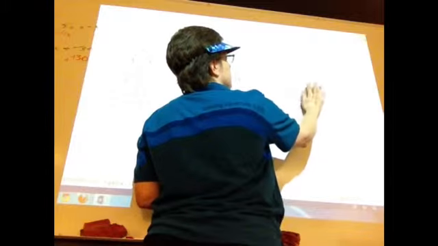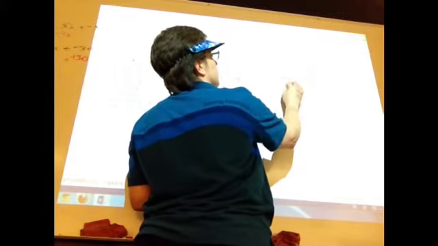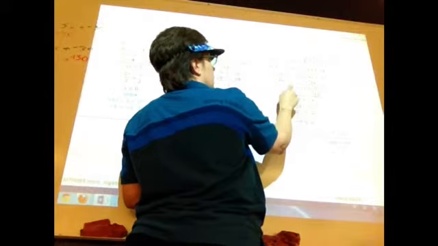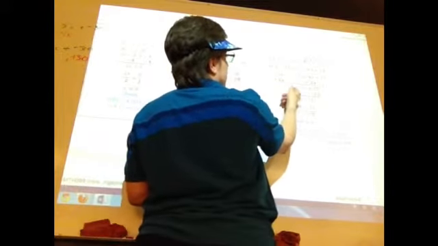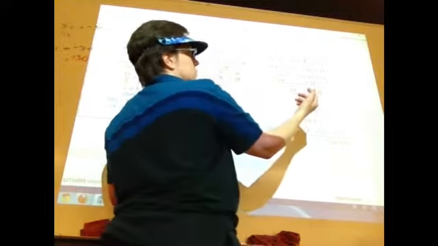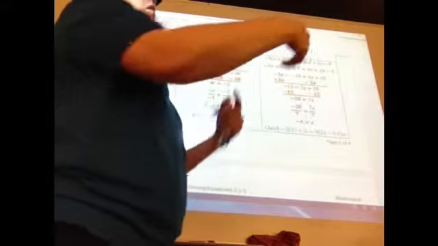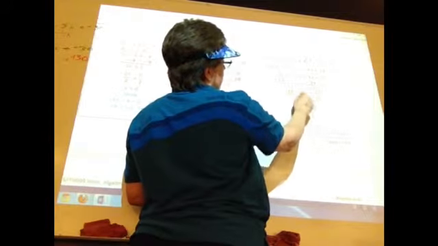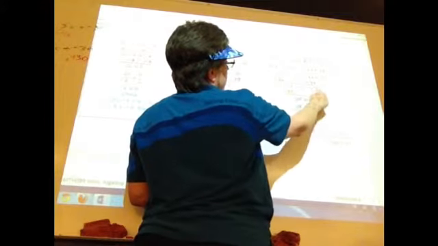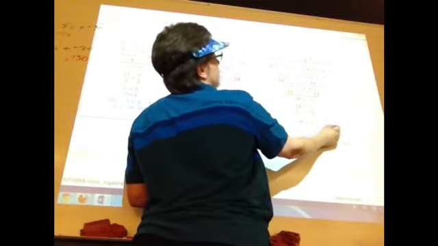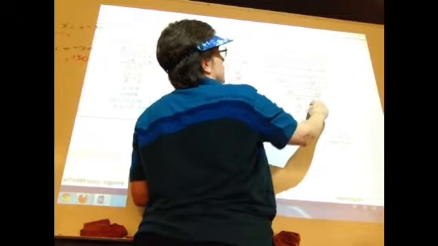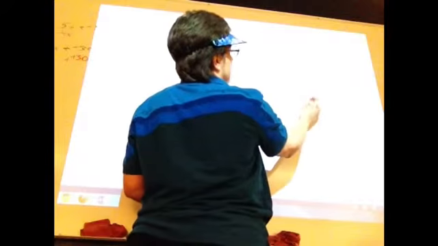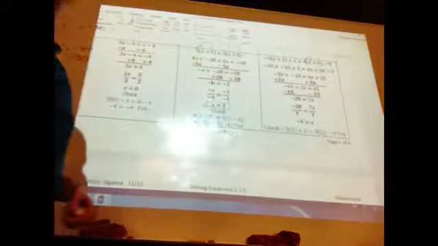Subtract the positive 15 from this side, I have to do the same thing over here, so I subtract the positive 15 from that side, so negative 13 minus 15 is the same as negative 13 plus a negative 15. Gives me a negative 28. 7x plus 15 minus 15 is 0. So negative 28 equals 7x. So I have a constant equals a coefficient times a variable.